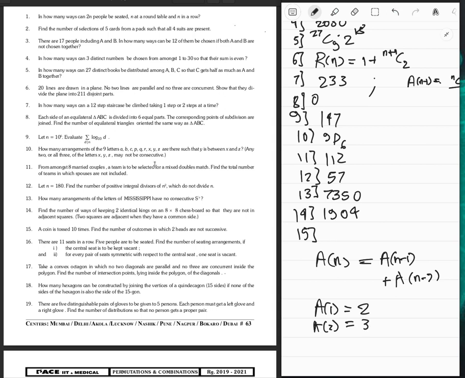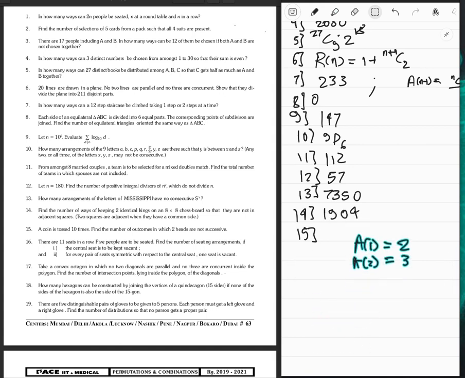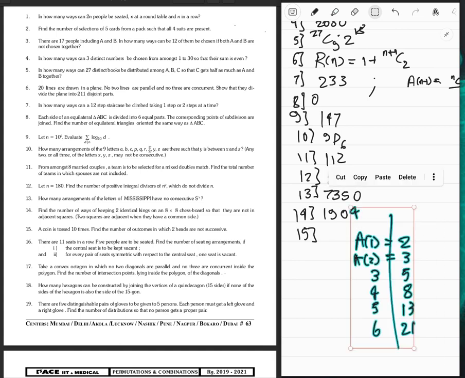Starting to make sense, huh? Yeah, sure. And now just keep going. So it's just a Fibonacci sequence, and you want a10, right? So for 3 it's going to be 5, for 4 it's going to be 8, 5 it's 13, 6 it's 21. Haven't we done this already before?